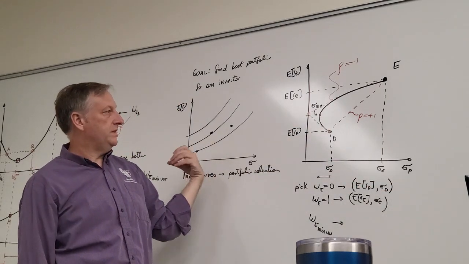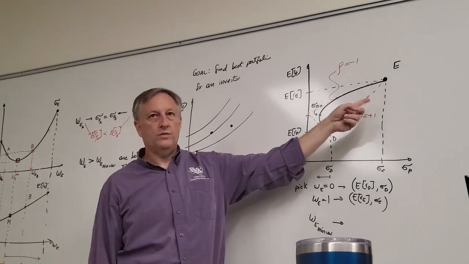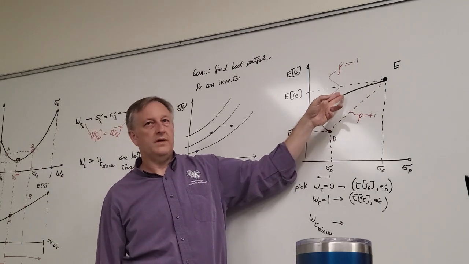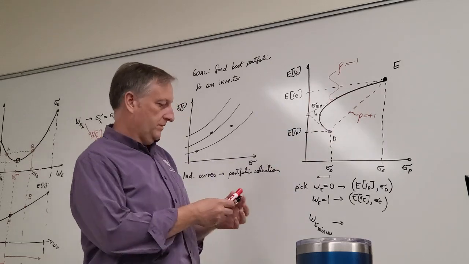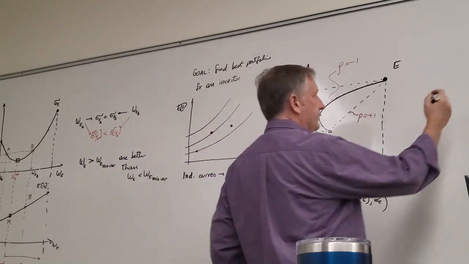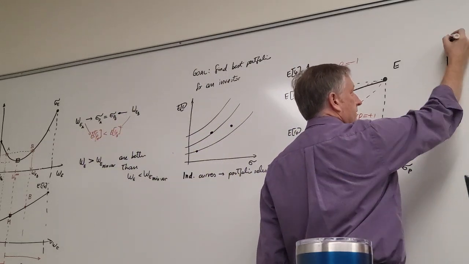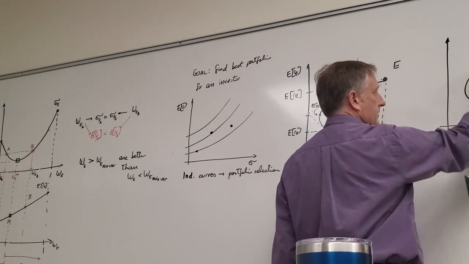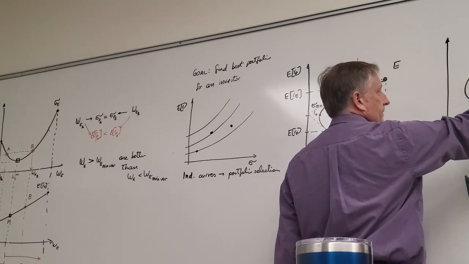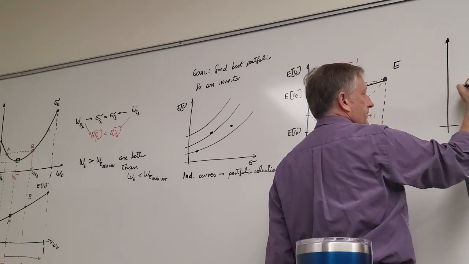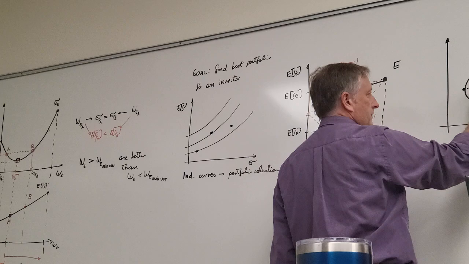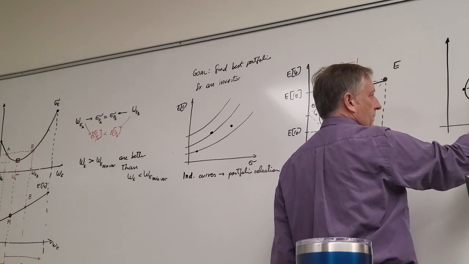So what are the weights in here? Well, the weights are not shown directly, they are implicit by each location on this graph. So let's think about that. D, E, minimum variance.